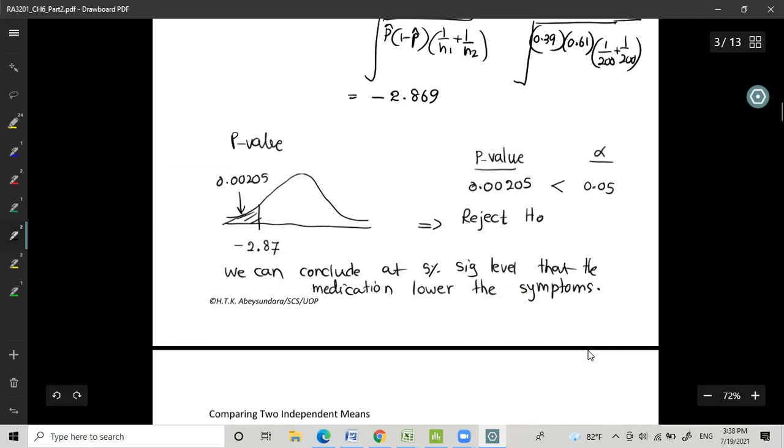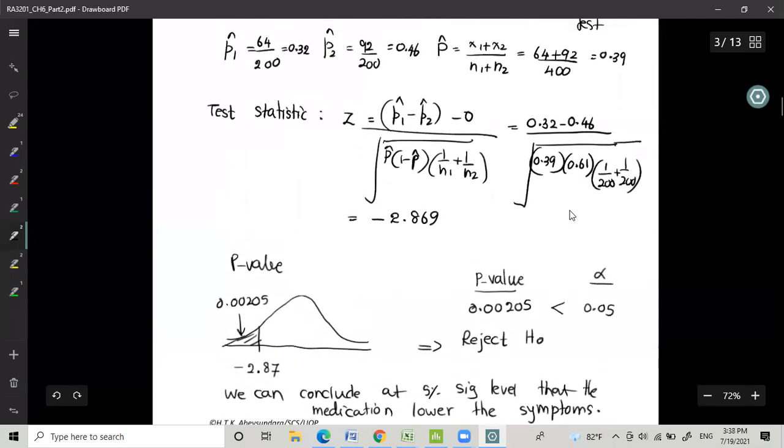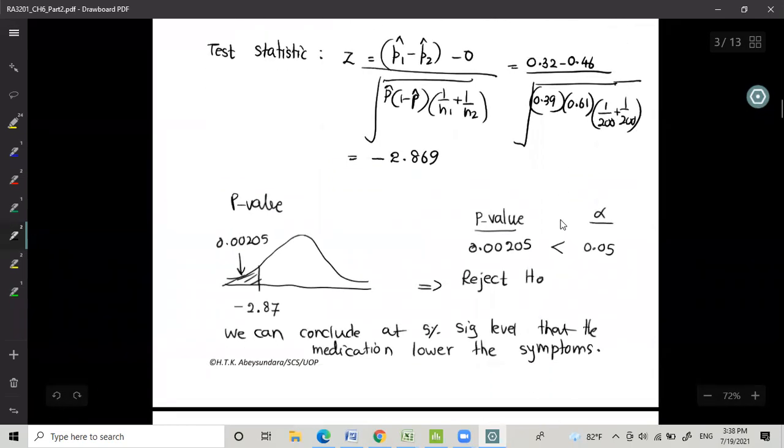So that is how you do the comparison. Similarly, you can do a right side test also, right? Depending on the context. Now you know how to do it. You'll end up with a right tail test, a positive test statistic, and either using the p-value approach or the critical value approach, you can make the decision. Okay, right.